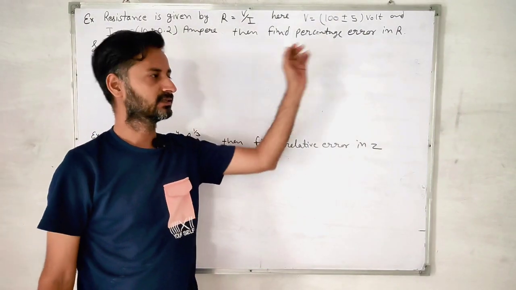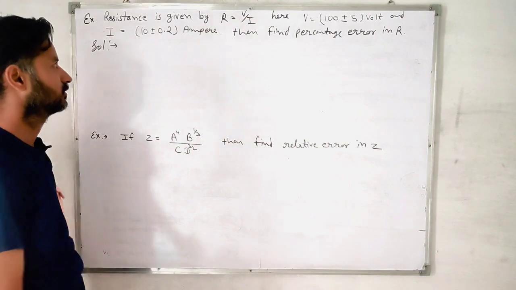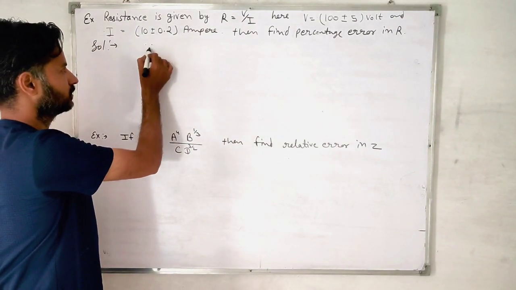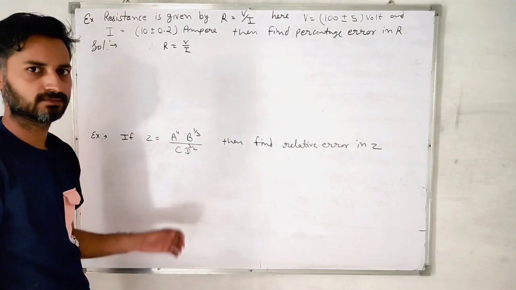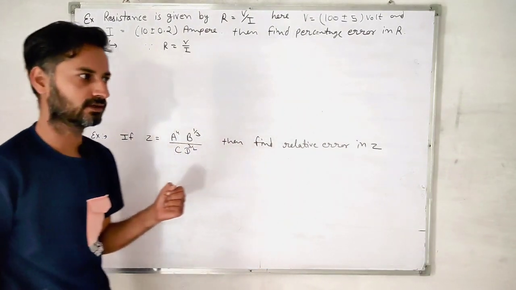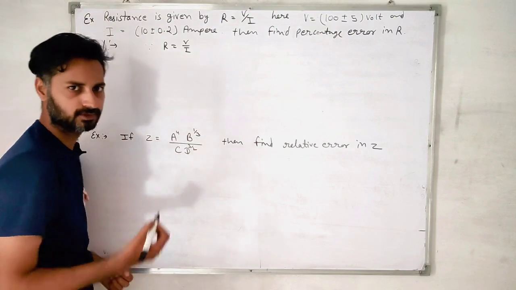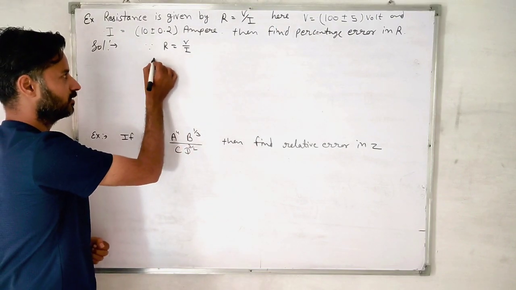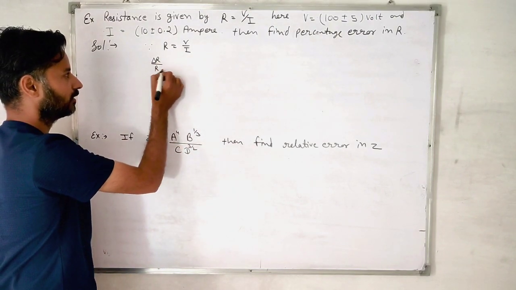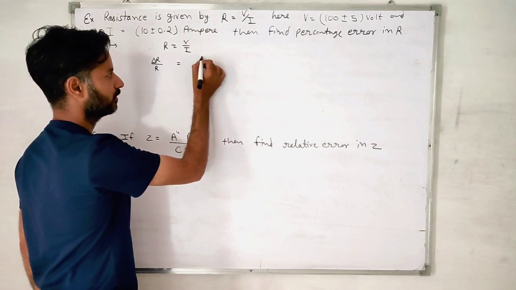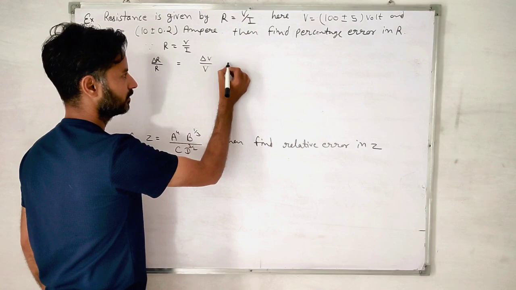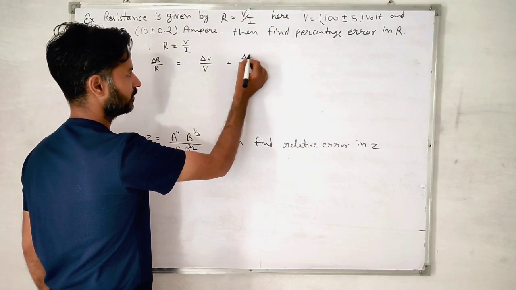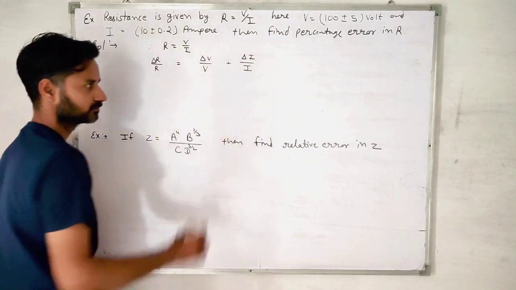Then find the percentage error in R. Since R is equal to V upon I, here the error will be due to the division of the quantities, and we know that in division of quantities the relative error of R, del R divided by R, will be given by del V divided by V plus del I divided by I.